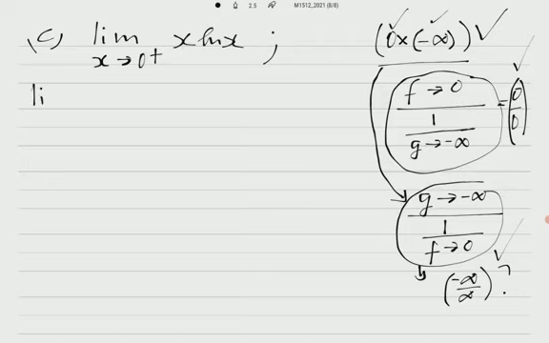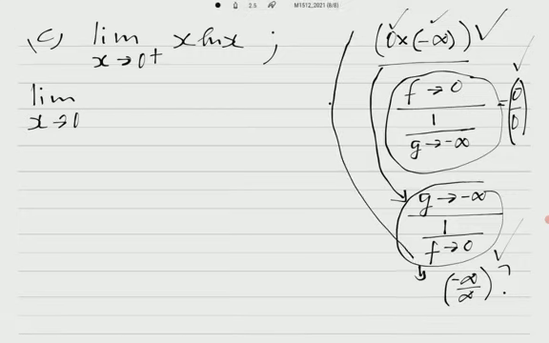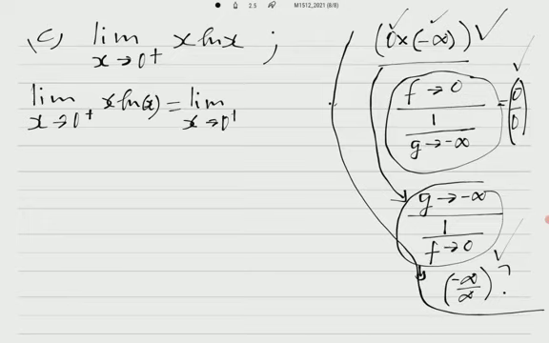Okay. So the limit as x goes to 0 from the right of x ln of x can be written as the limit as x goes to 0 from the right of ln of x over 1 over x.